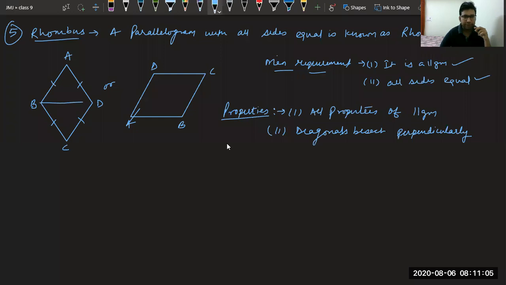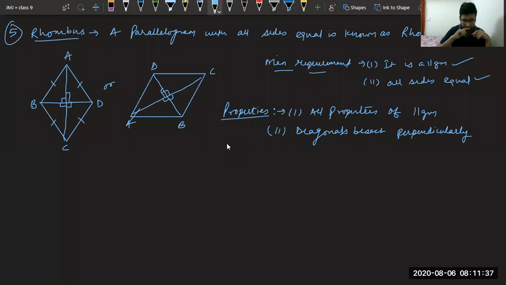That is BD bisects AC and AC bisects BD, but they do so perpendicularly. This angle is 90 degree. Here also, if you join, these angles are 90 degree. That's it. This is a property of rhombus, that diagonals bisect perpendicularly. But diagonals are not equal in this case. You cannot prove that thing from your side. You can try, but you cannot prove.